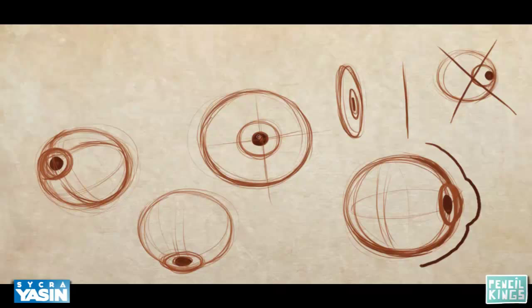Remember that in the front view, the pupil would look like a circle. If you turn it this way, it will form an ellipse like this. And if you look down, the ellipse will look more like this.